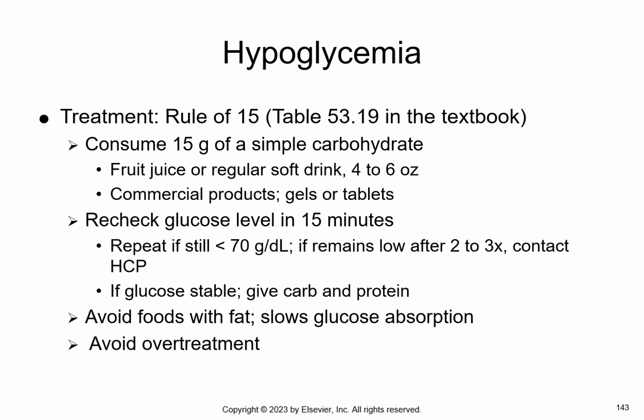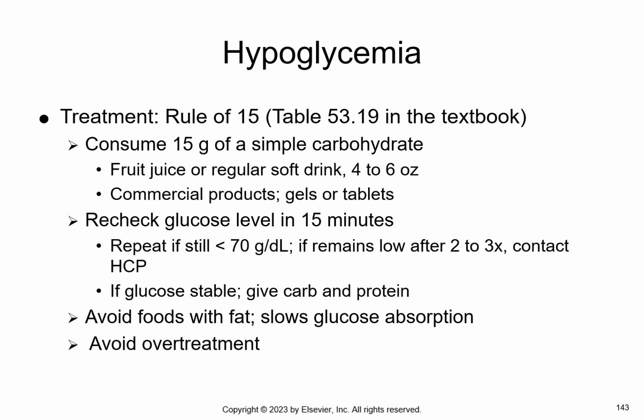Encourage the patient to carry or have available glucose tablets, gels, and powders for use in such situations. Recheck the glucose 15 minutes later. If the value is less than 70, ingest 15 to 20 grams more of carbohydrate and recheck the glucose in 15 minutes. If no significant improvement occurs after 2 to 3 doses, contact the healthcare provider.